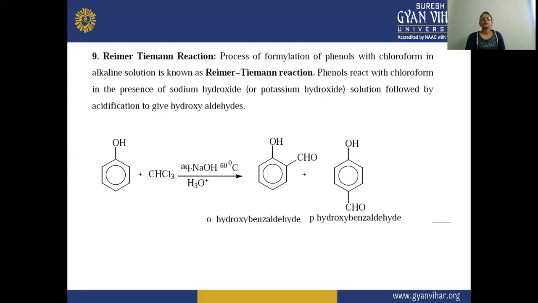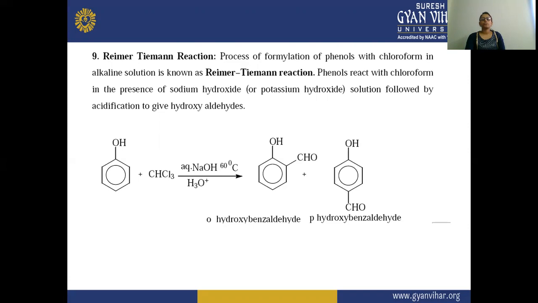Phenol reacts with chloroform in the presence of sodium hydroxide, or we can take potassium hydroxide. Both are alkalis, and we can use any of them. This is followed by acidification to give hydroxy aldehyde.